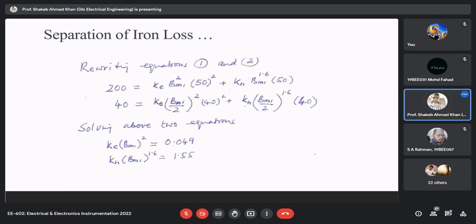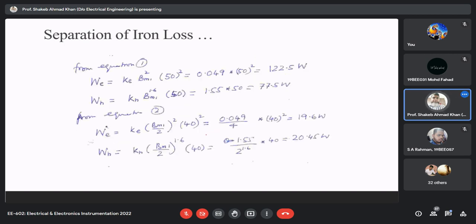Anyway, it is solved. These two equations are solved, and we are able to find out the value of Ke Bm1 whole square is 0.049 and Kh Bm1 to the power 1.6. Once you are able to find these two, now it is easy. At 50 hertz, the eddy current loss is equal to this. So we are putting this together and multiplying by square of the frequency.